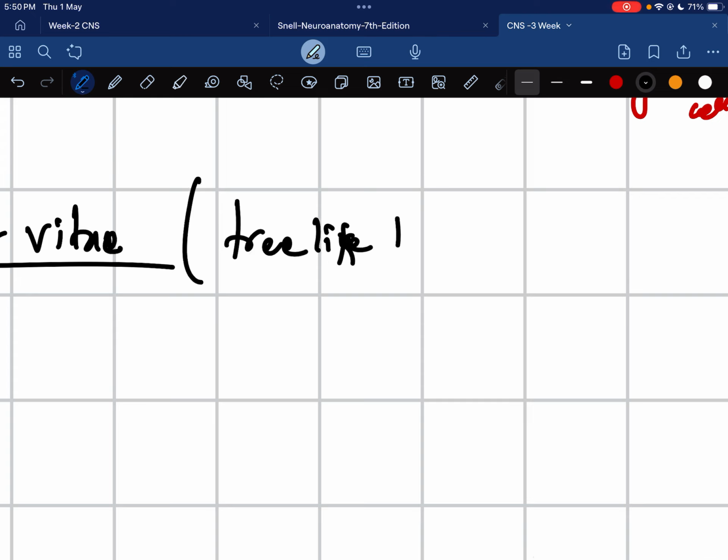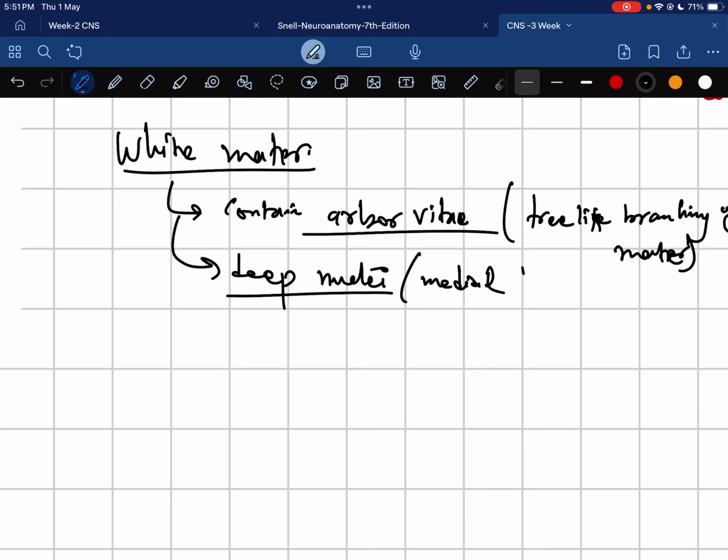And there are also the deep nuclei. For memorizing the deep cerebellar nuclei from medial to lateral, there is a mnemonic: Don't Eat Greasy Food.